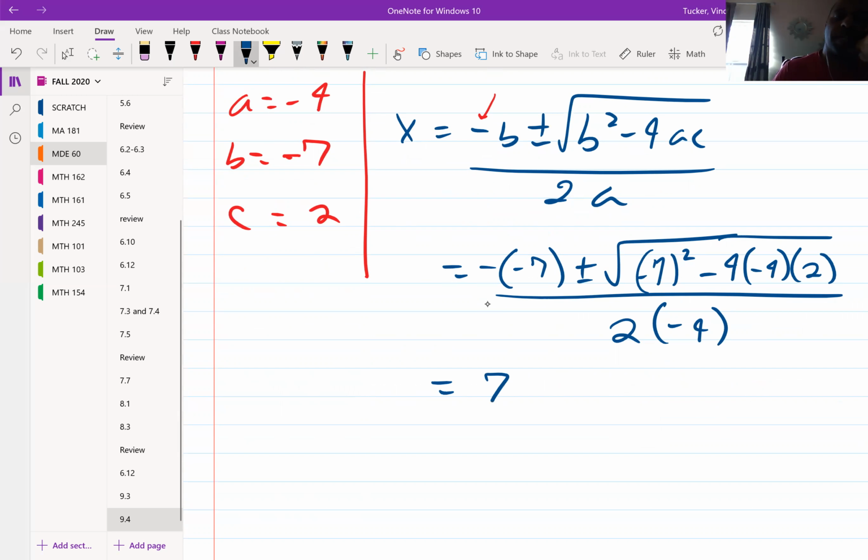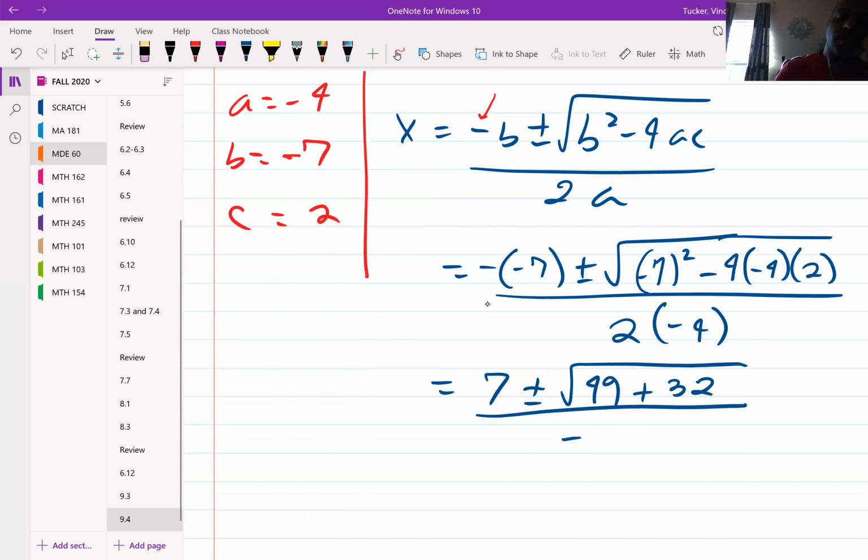Negative to negative turns positive, so that's positive 7. Negative 7 squared is 49. Negative 4 times negative 4 is 16. Times 2 is 32. Two times negative 4, negative 8.